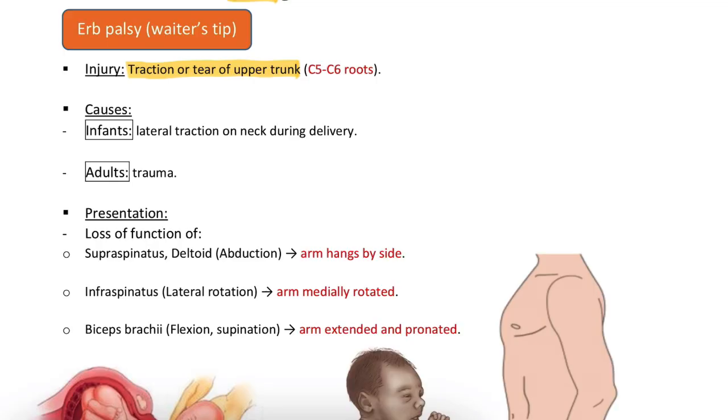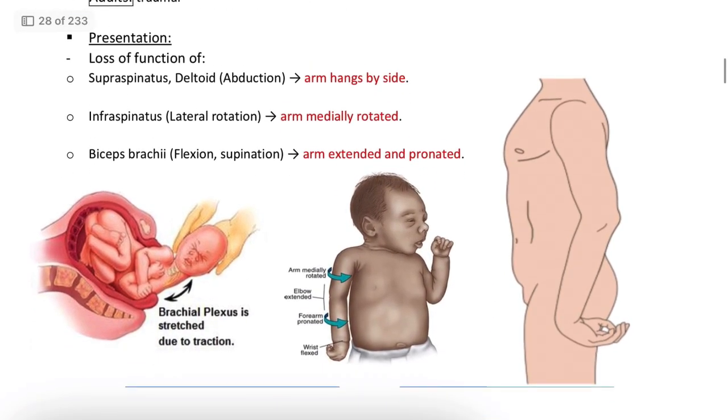In causes, first in infants, during delivery, with lateral traction of the neck when the baby is being delivered, the patient can get this C5 C6 traction, which can cause Erb's palsy. In adults, if any patient got trauma, then we can see this Erb's palsy.